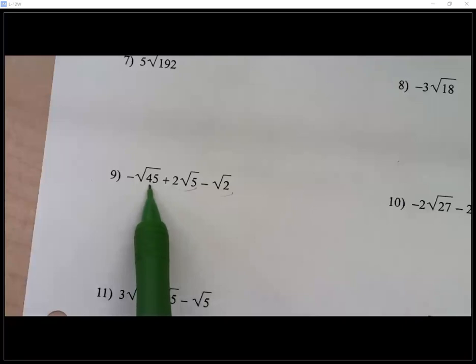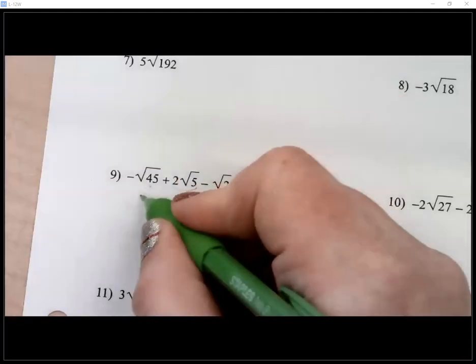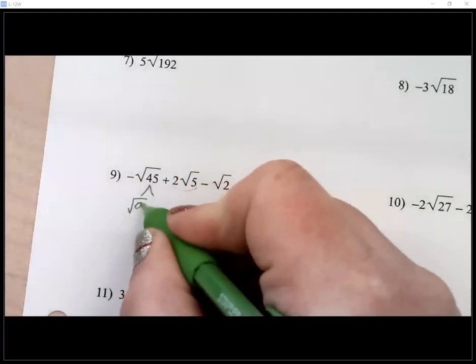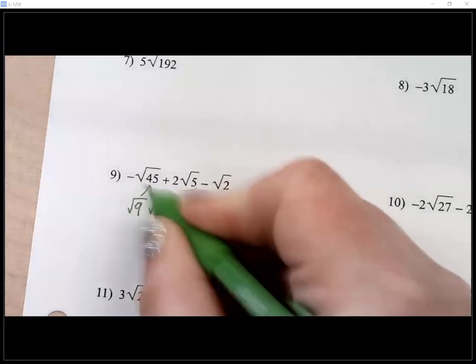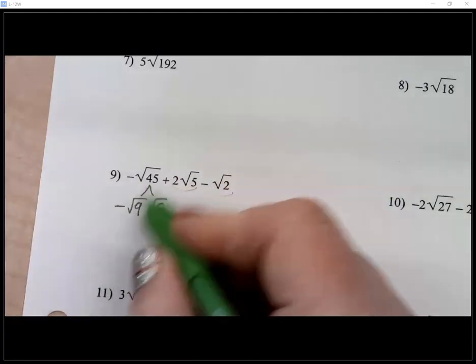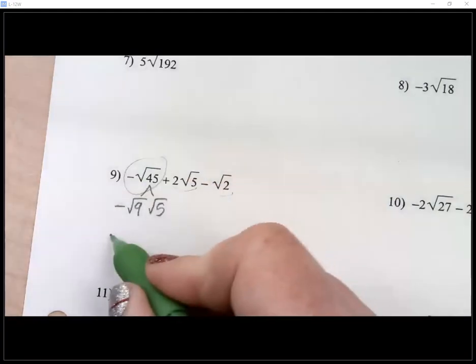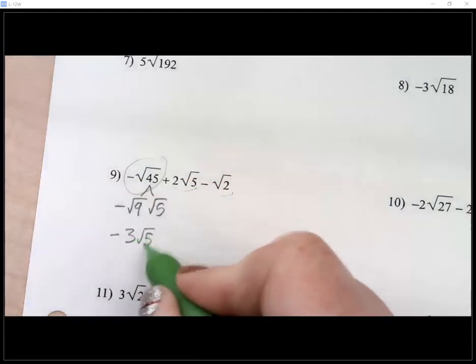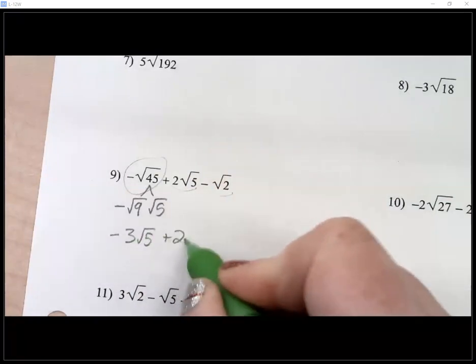I want to think about numbers that divide into 45, and I'm specifically looking for the largest perfect square that goes into 45, which happens to be 9. So this is going to split into 9 and 5, and that negative just comes down for the ride. That chunk right there just becomes negative 3 root 5. Bring down the others, plus 2 root 5 minus root 2.